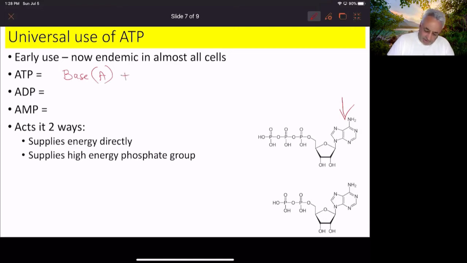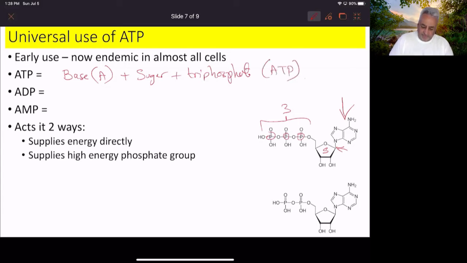And it's bonded through covalent bonds, right here you can see it, to a sugar. And the sugar is a carbohydrate, of course. And then we have a number of phosphates. And if you have 3 phosphates, as in this example here, then it's called a triphosphate. And that becomes ATP, adenosine triphosphate.